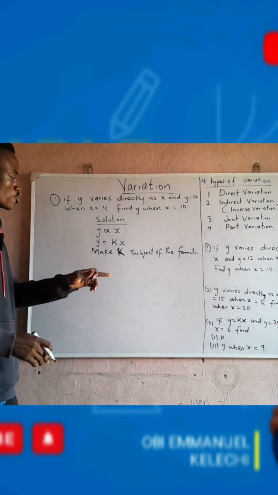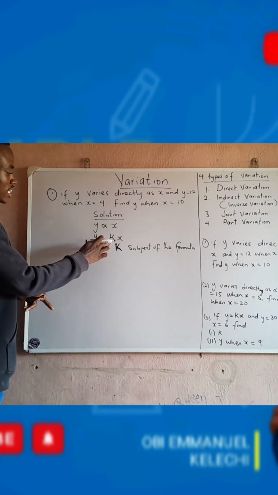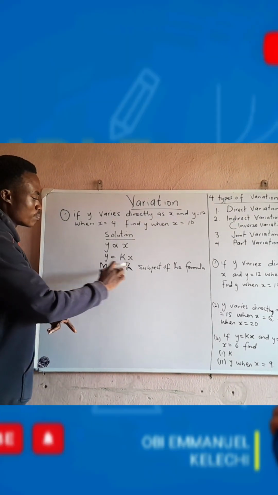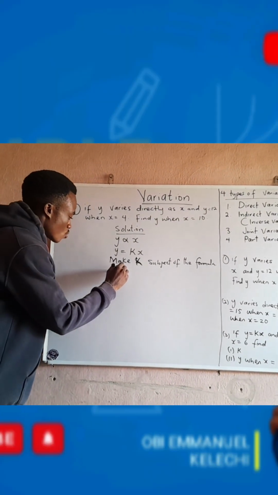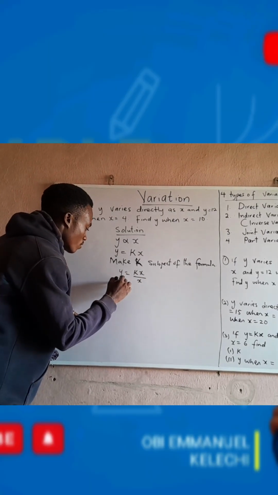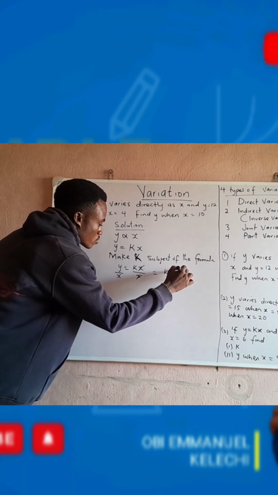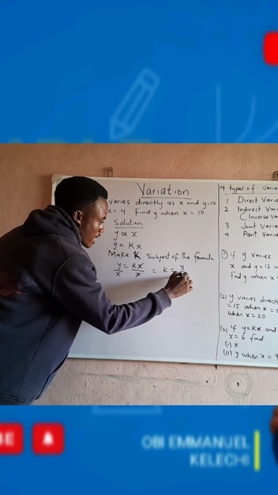That means you make k stand alone, and to make k stand alone, you are going to divide both sides by x. So y over x is equal to kx over x. So the constant k is equal to y over x.